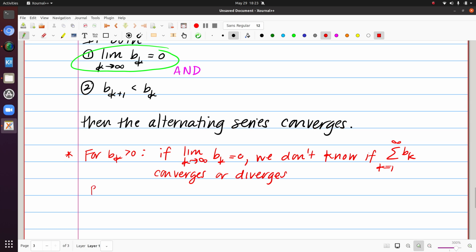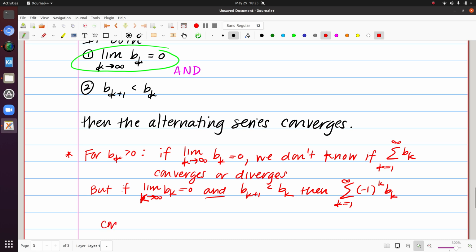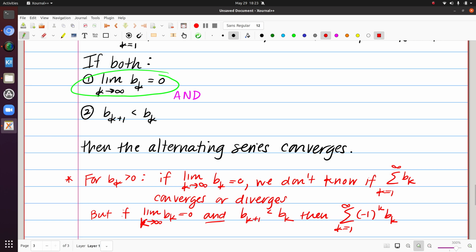But if the limit of b sub k as k approaches infinity is 0, and b sub k plus 1 is smaller than b sub k, then that's enough for us to say not that the sum of b sub k converges, but that the alternating version of that series converges. So that's a subtle distinction between when we're allowed to say something about the terms going to 0.